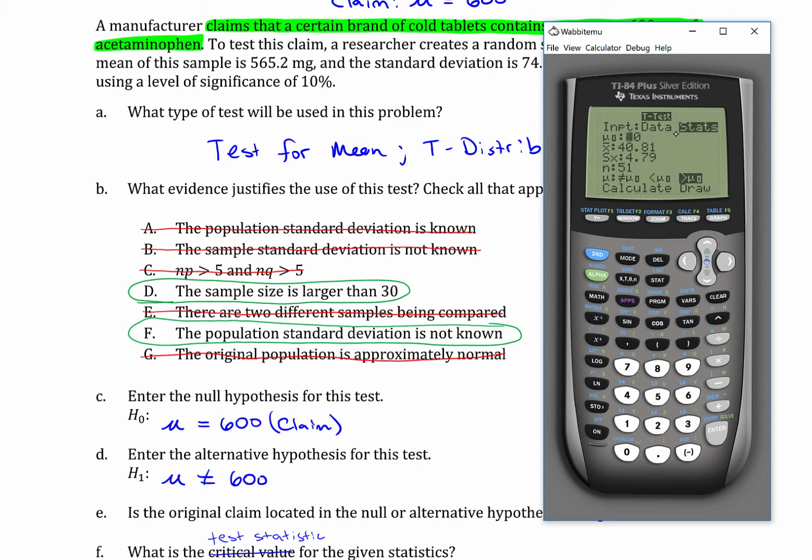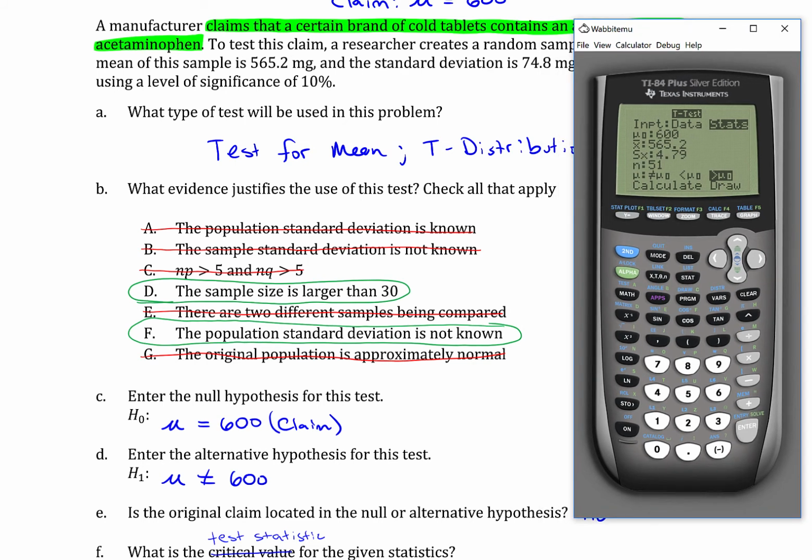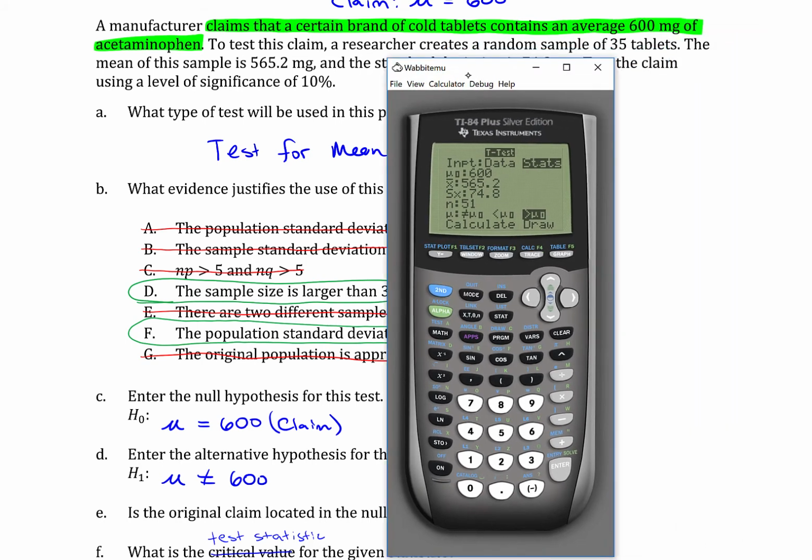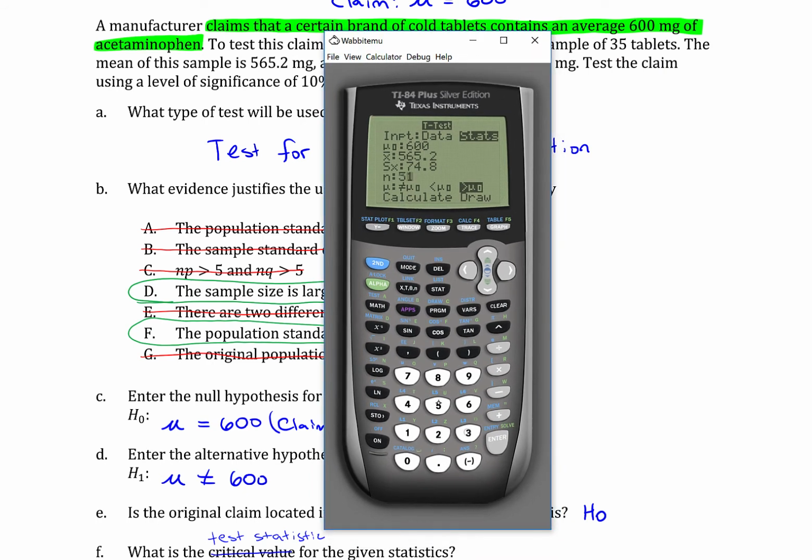Mu sub 0 is the mean out of the null hypothesis, which is 600. X bar is the mean of the sample, so 565.2. Sx is the sample standard deviation at 74.8 in this case. N is the sample size, and we had 35 tablets sampled.